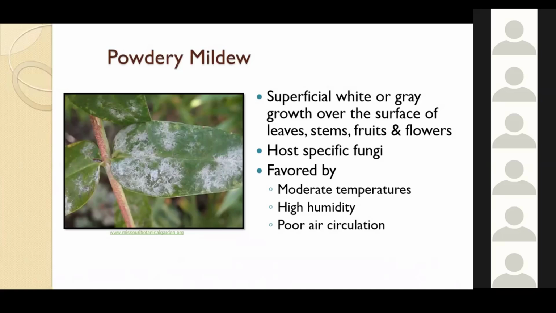Powdery mildew is a very environmentally dependent pathogen. It needs moderate temperatures, but also high humidity and poor air circulation. High humidity and poor air circulation typically go hand in hand. So if you're able to do anything that can improve air circulation or decrease humidity in an area, hopefully that will decrease the amount of powdery mildew that you have.